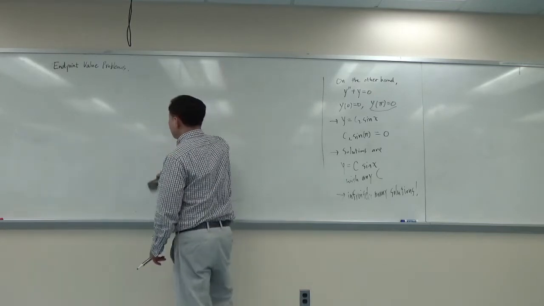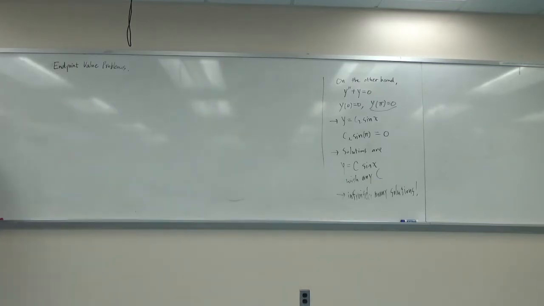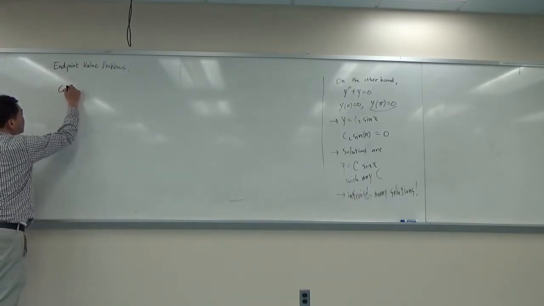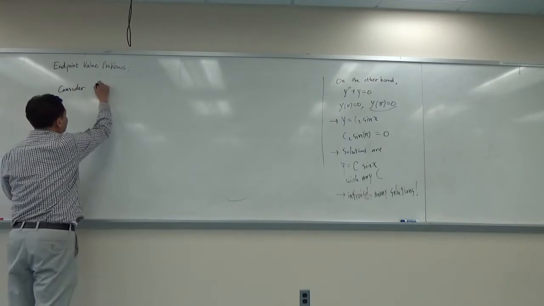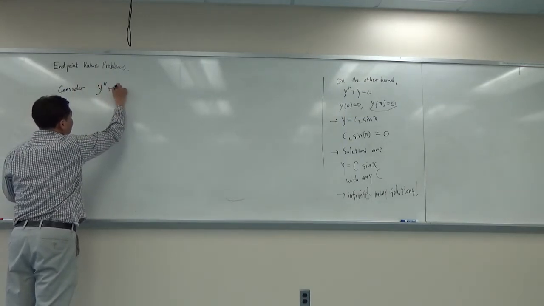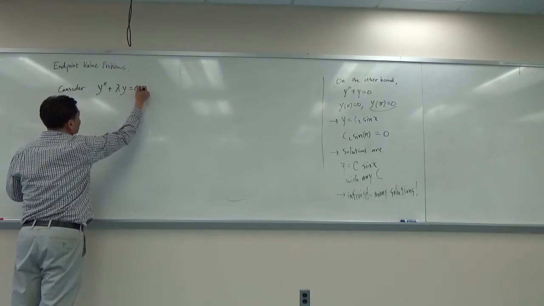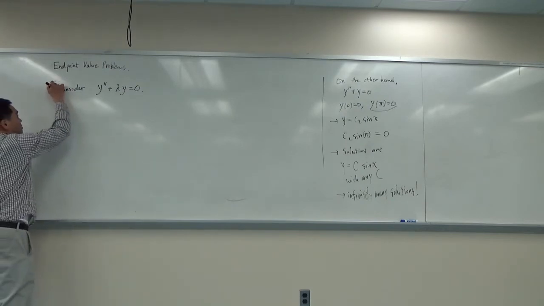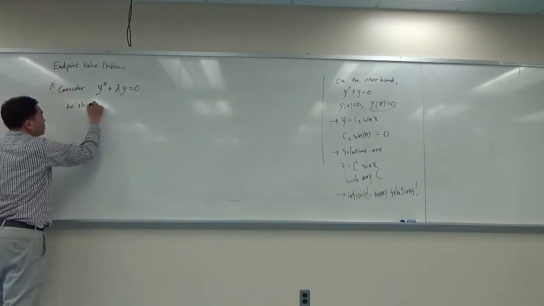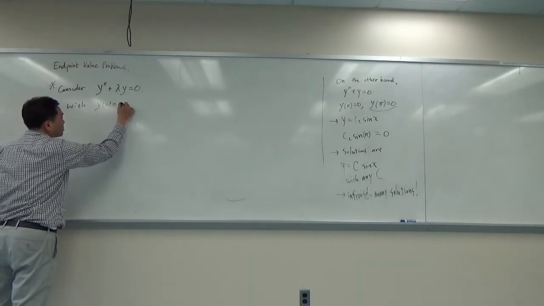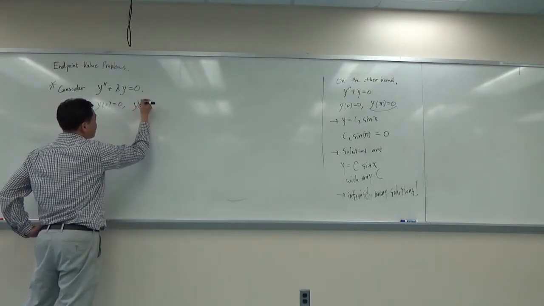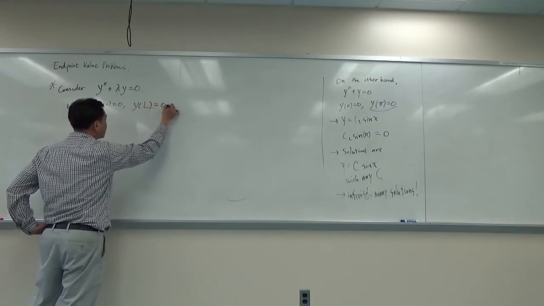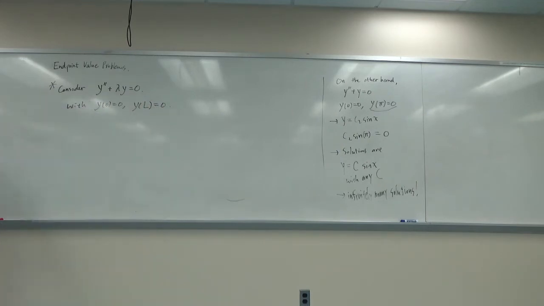So consider y double prime plus lambda y equals 0, with y of 0 equals 0 and y of some L equals 0, where L is not 0, so it's like two points.